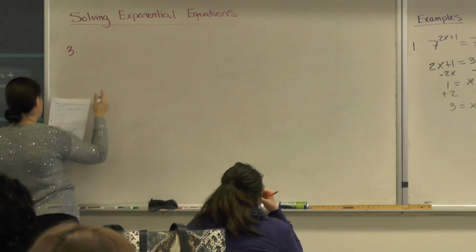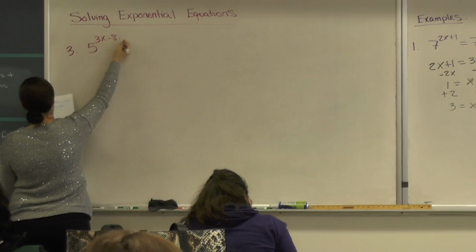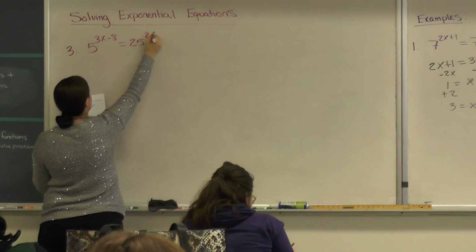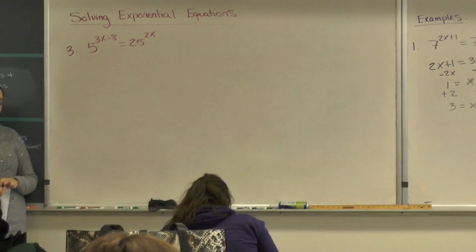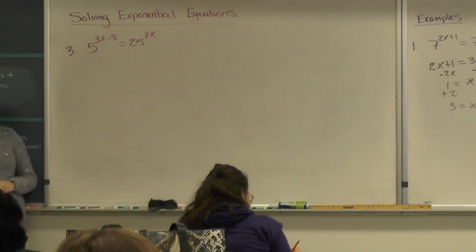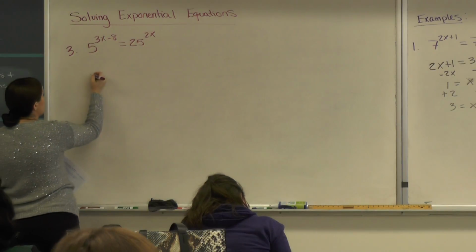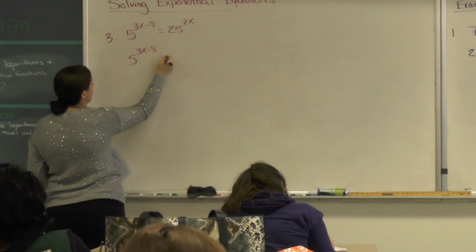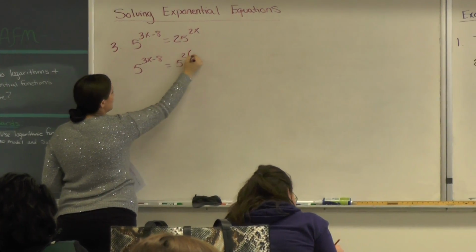Okay. So example number 3. Okay, how can I make these have the same base? 5 to the power of 2. So we're going to rewrite this as 5 to the power 3x minus 8 equals 5 to the power 2, but I also have a 2x here.